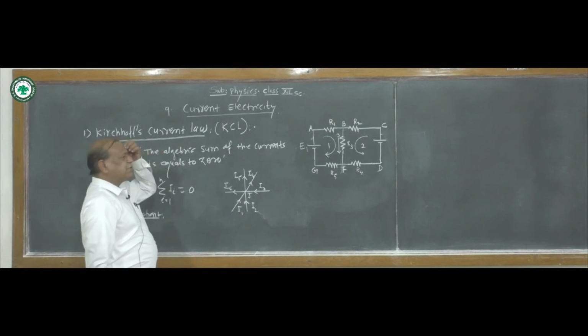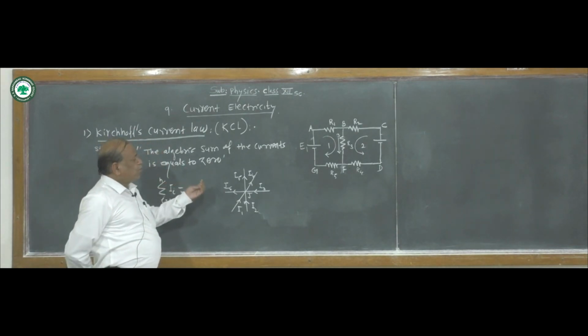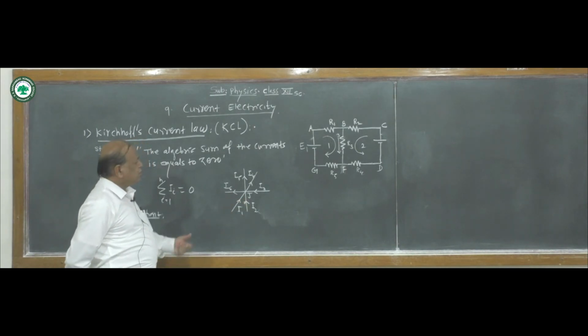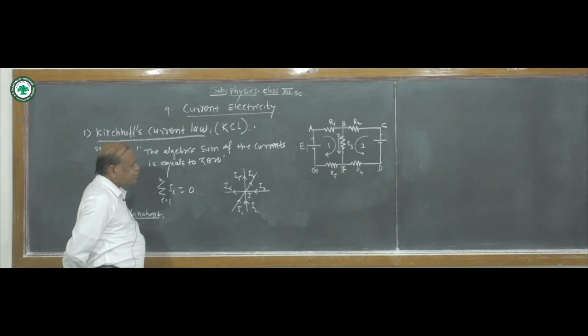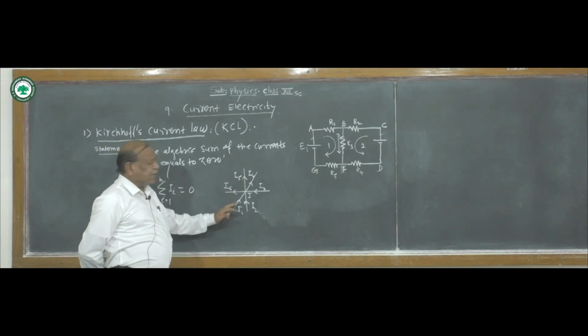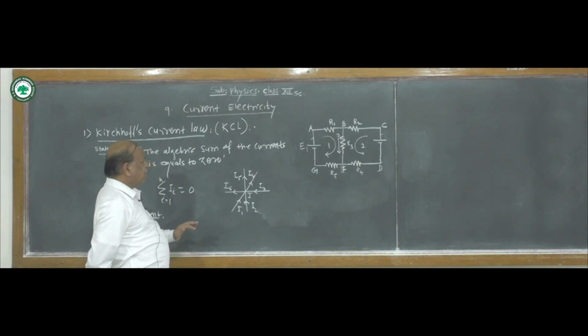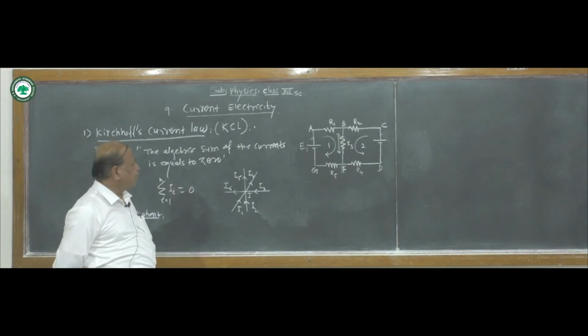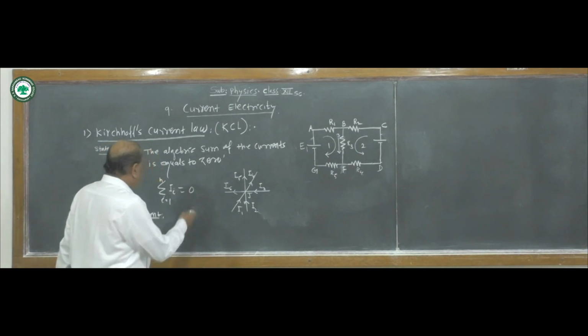These currents meet together at a junction G. Now here, current entering a junction is treated as positive, and current leaving the junction is treated as negative.